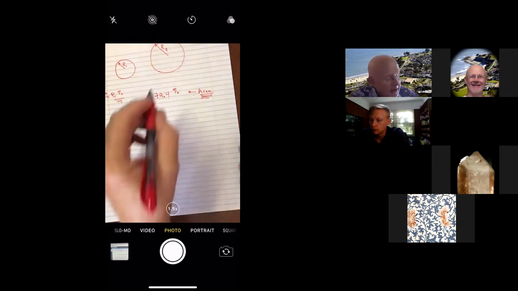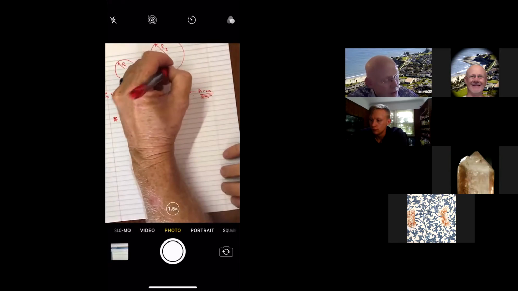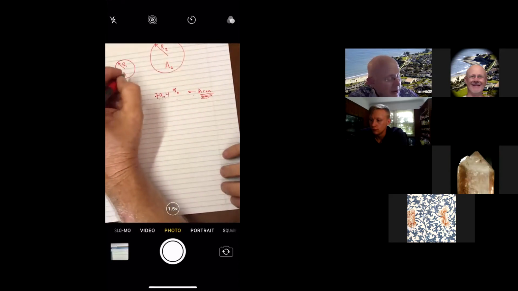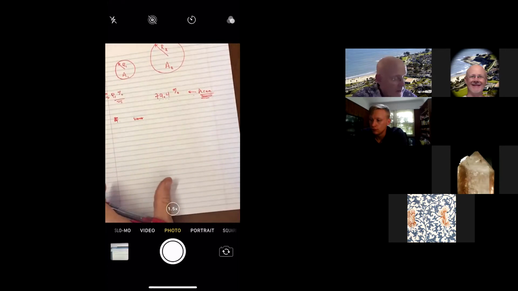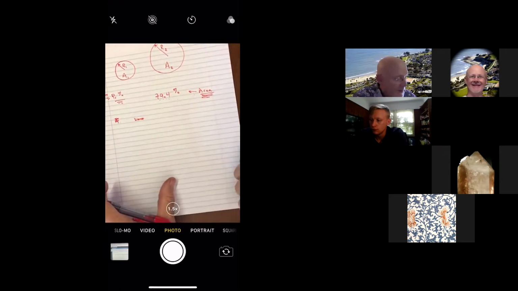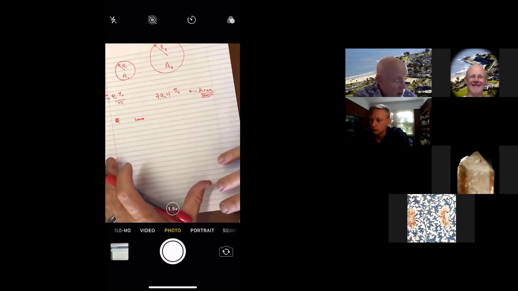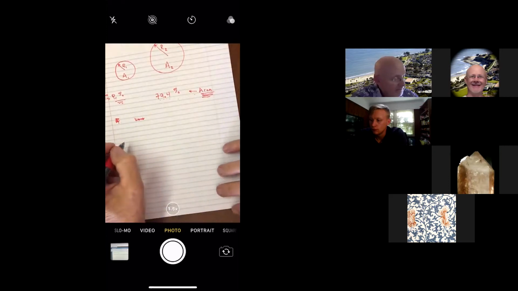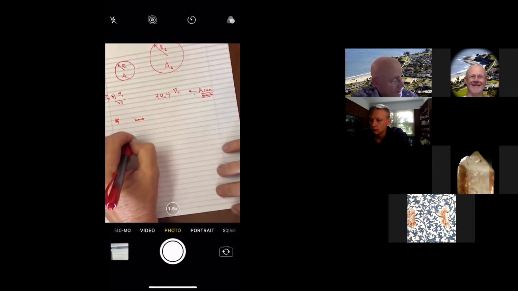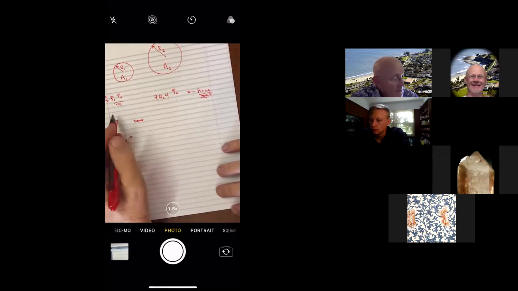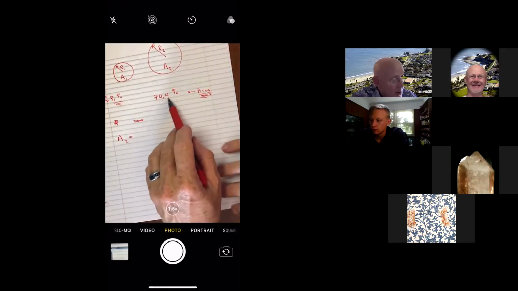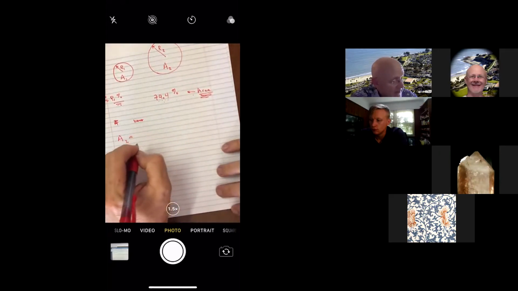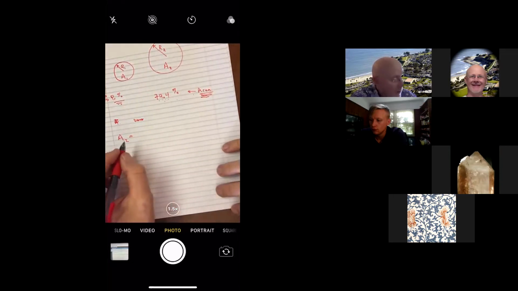So let's call the bigger one area 2 and the smaller one area 1, okay? All right. So area 2 would be bigger than area 1 by 79%. And I think this was the equation you were talking about.